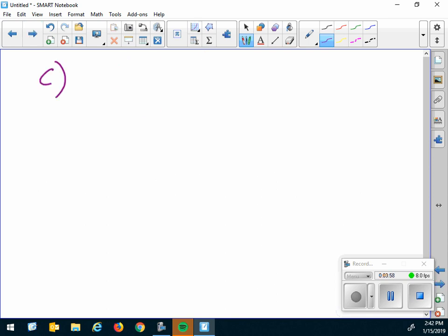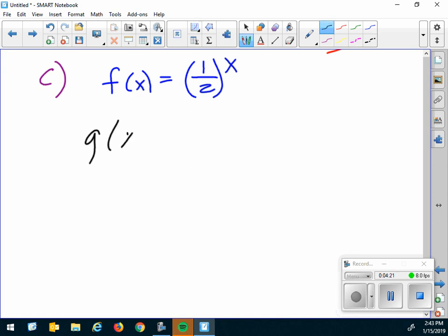C. F of x equals 1/2 to the x. All right, here we go. Right 3, down 2, vertically shrunk by a factor of 1/2. Where does the 1/2 go?